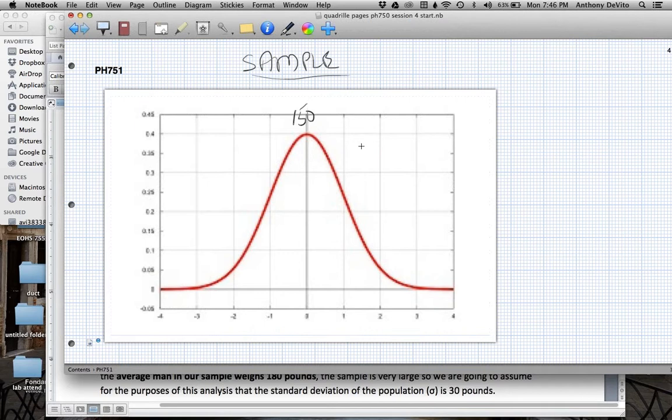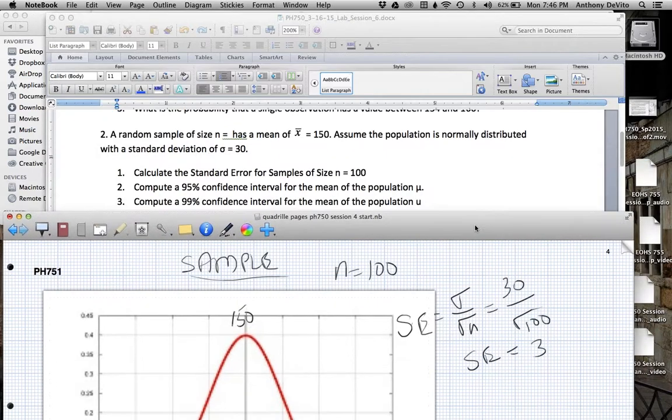This is the distribution of all the samples of size 100 that we would take from this population. So my standard deviation for all of those repeated samples of size 100 is equal to sigma over the square root of n. We know sigma to be 30, and we know the sample size to be 100, so the square root of 100 is 10. That's going to be equal to 3. The standard error is equal to 3.